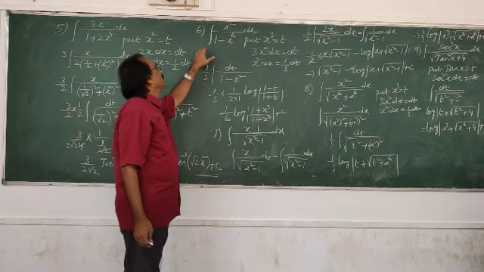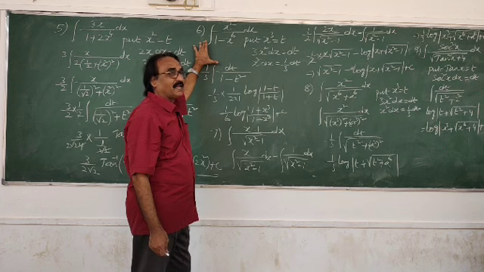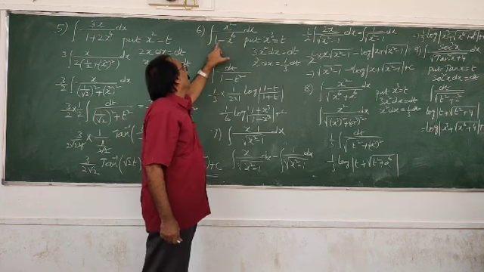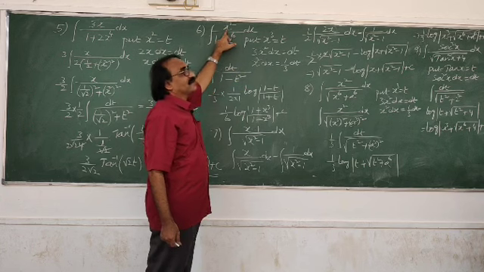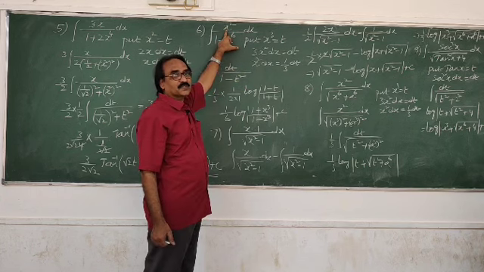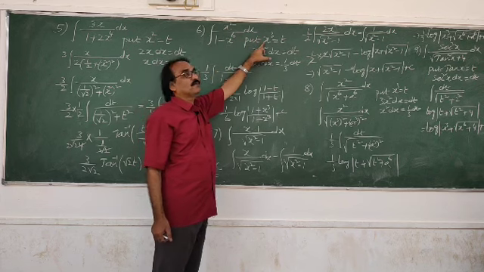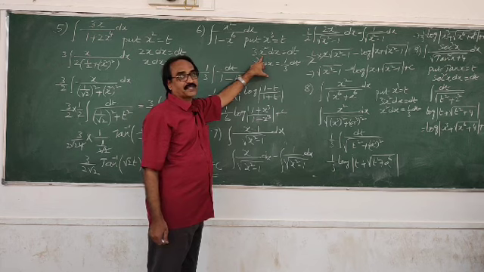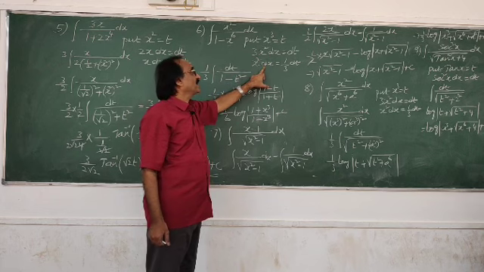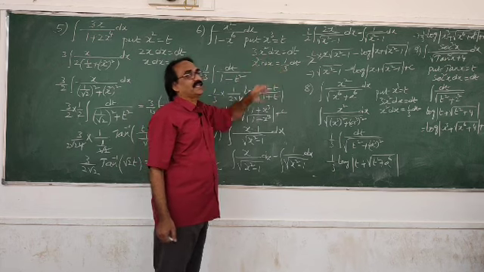Now problem number 6. The integral of x square by 1 minus x power 6 dx. As and when I see the numerator x square, the antiderivative is x cube, so immediately put x cube equal to t. Therefore 3x square dx is equal to dt, so x square dx is equal to 1 by 3 dt.